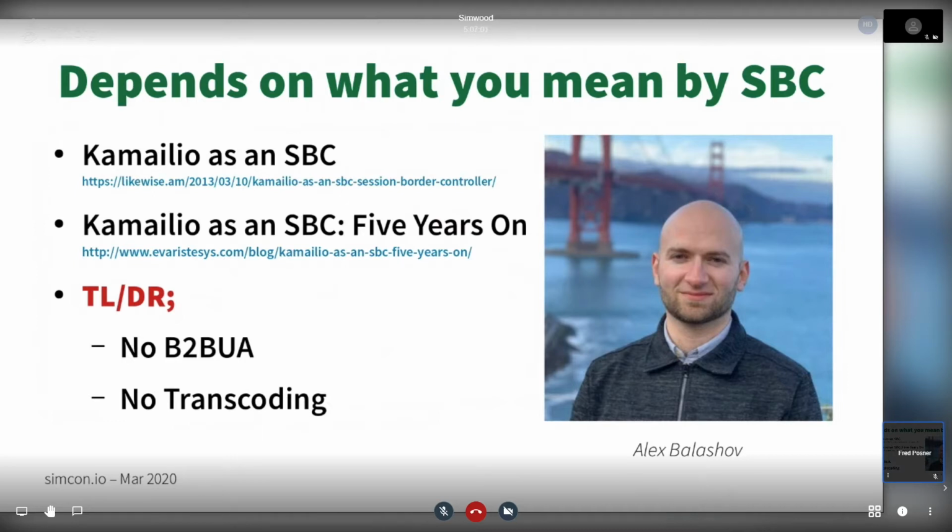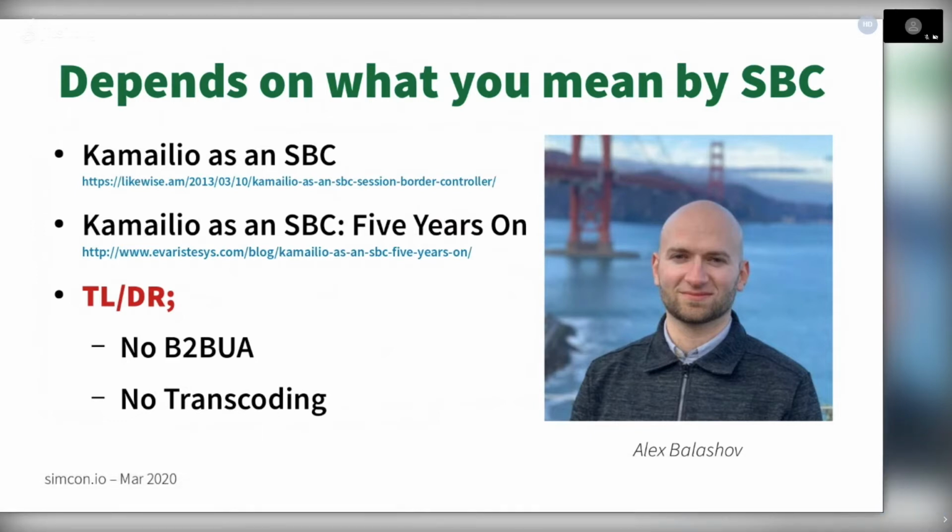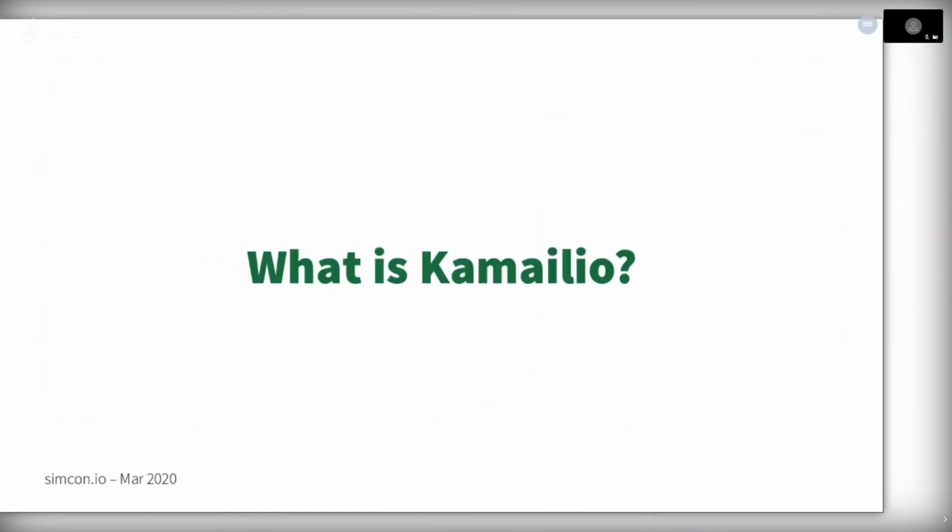That being said, now that RTPengine, which is a media relay, does do transcoding, you can actually do some transcoding utilizing Kamailio to help set that up. But basically, the difference is no transcoding and no B2BUA. But both of those are generally available in your PBX solution, whether that's FreeSWITCH, Asterisk, FreePBX, whatever you're using.